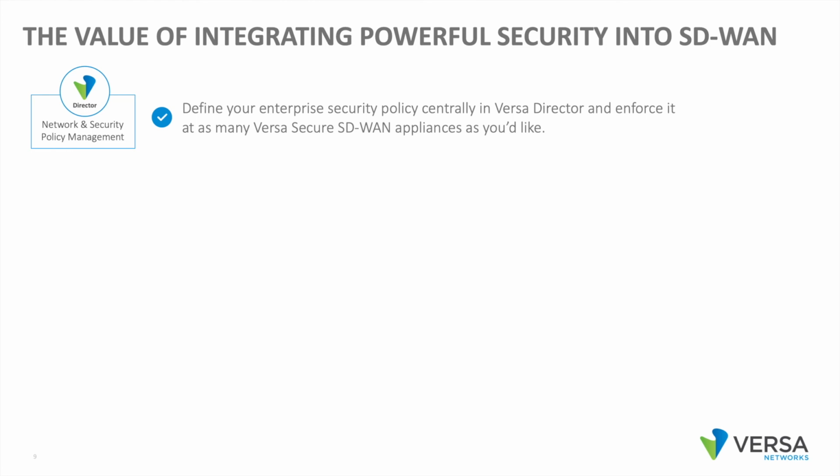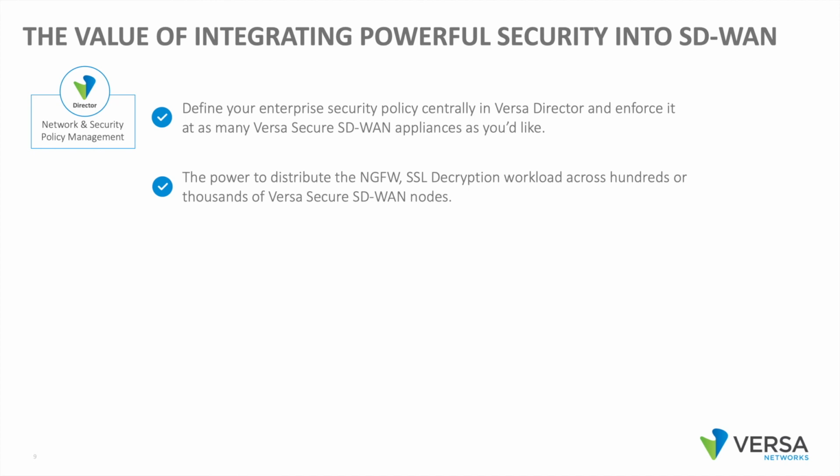If we look at the value of integrating powerful security into SD-WAN, we allow you to define your enterprise security policy centrally in Versa Director and enforce it at as many Versa secure SD-WAN appliances as you'd like. We give you the power to distribute the next-gen firewall and SSL decryption workload across hundreds or thousands of Versa secure SD-WAN nodes.